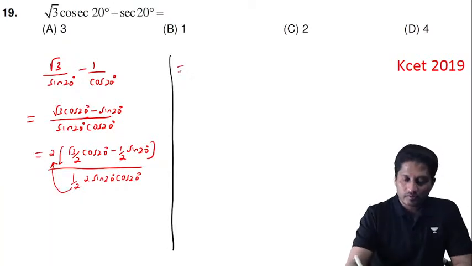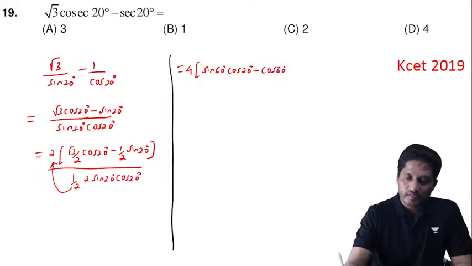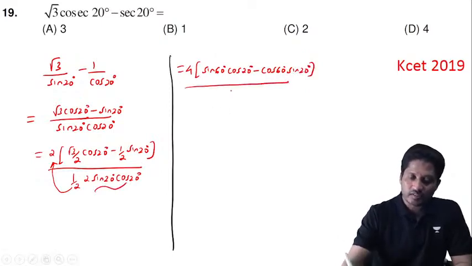So this is 4 into a bracket, this is sin 60 into cos 20 minus cos 60 into sin 20, whole divided by 2 sin theta cos theta, which is sin 2 theta, that is sin 2 into 20. Right, this is equal to 4 times.